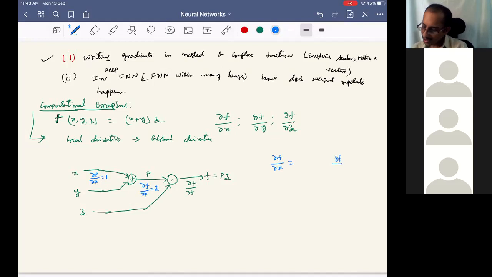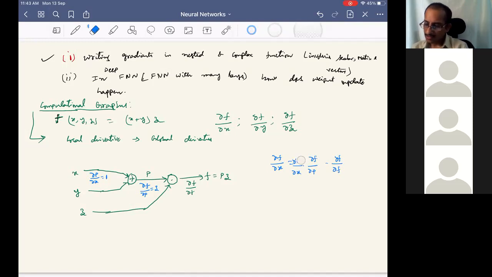So now dou f by dou x is equal to what? Dou f by dou f. See the backpropagation from here to here. That's all, and write them. So dou f by dou p and dou p by dou x.